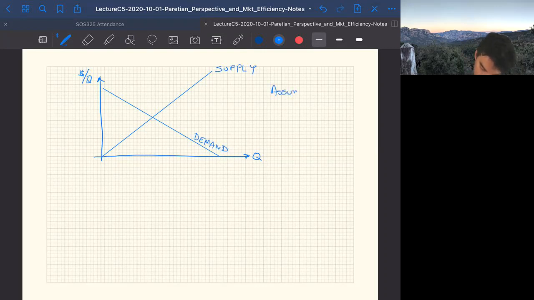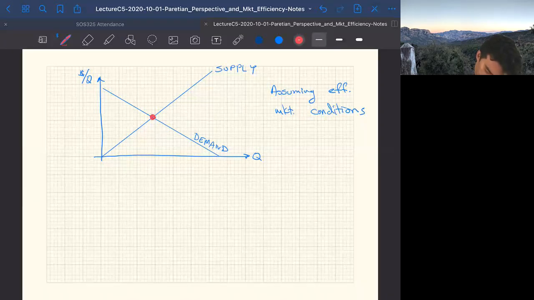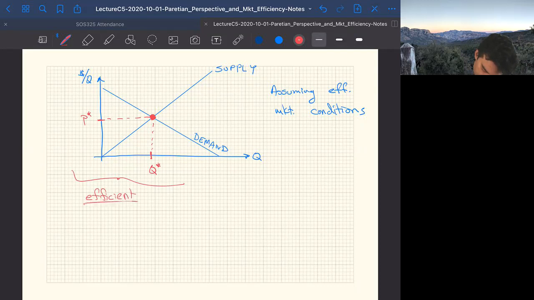And assuming efficient market conditions, then this magic point right in the middle here is the efficient price, or I can even say the socially efficient price and quantity.